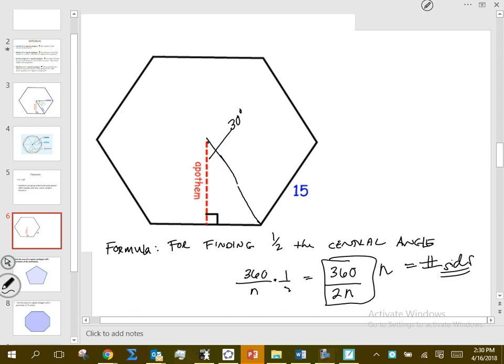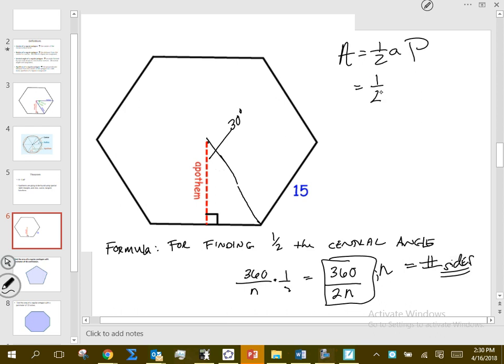Now, if that's a fact, and we need to find the area of the regular polygon, it's 1/2 apothem times perimeter. Always start with your formula. Sides. Should be an E there. So we start with our formula and we start plugging in the things we know.